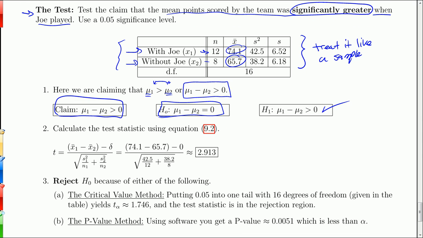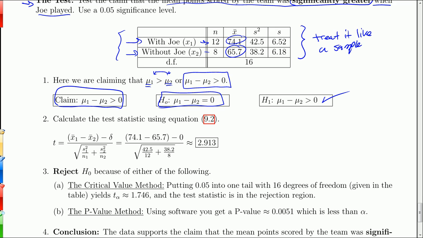Then we calculate the test statistic, and everything you really need is right here. Sample mean for games with Joe, sample mean for games without Joe. Delta comes from the null hypothesis. That is a 0. The variance is given right here. The variance for sample 1 is 42.5, divided by n1, which is 12 games where he played.